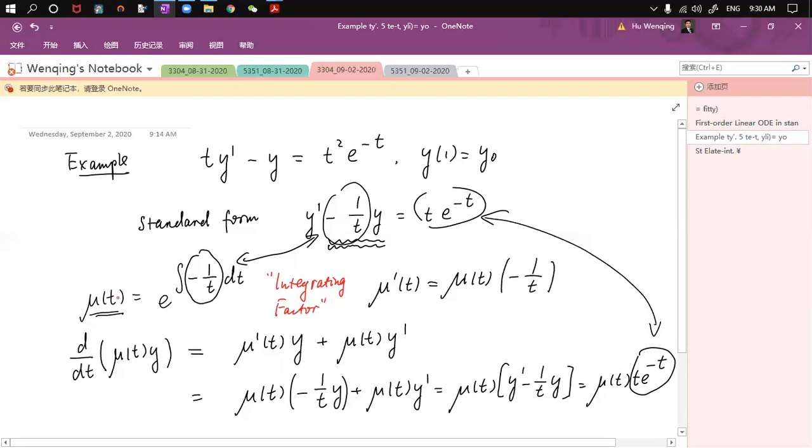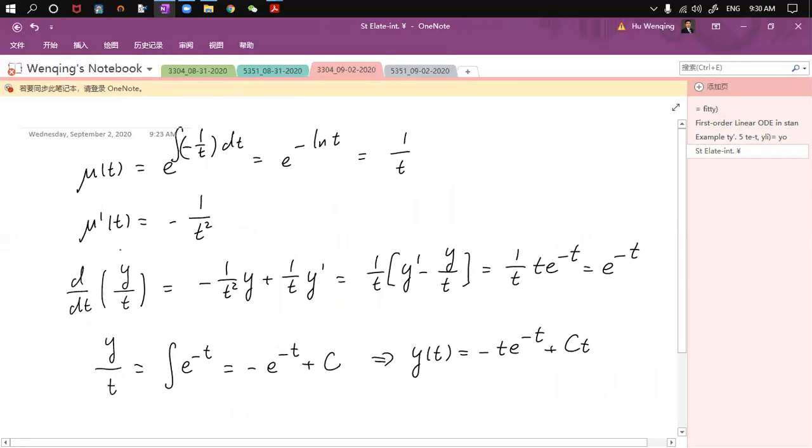So there are two words in this terminology. One is integrating, which is pretty easy to understand because this mu of t is just something that helps you to integrate. Why is it called a factor? Well, it's really a factor.